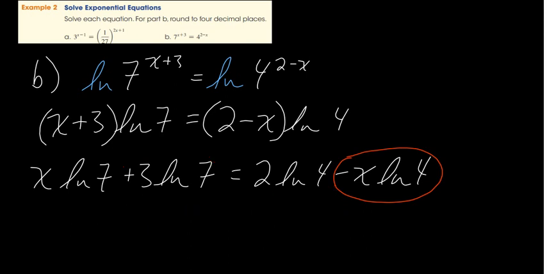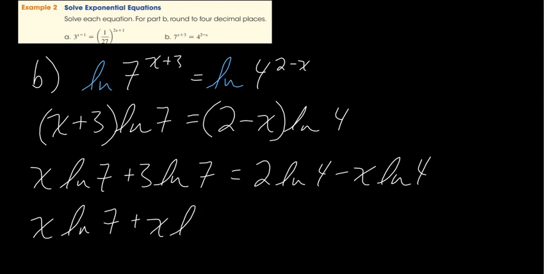So my problem will look like x natural log of 7 plus x natural log of 4 is equal to 2 natural log of 4 minus 3 natural log of 7.